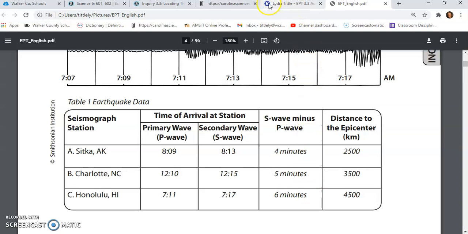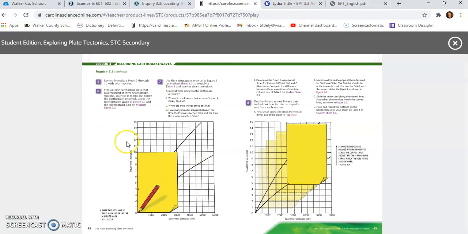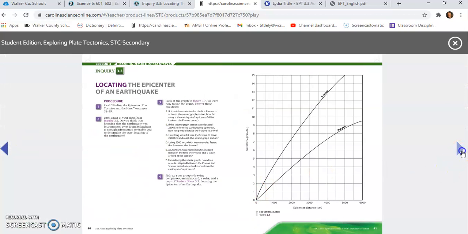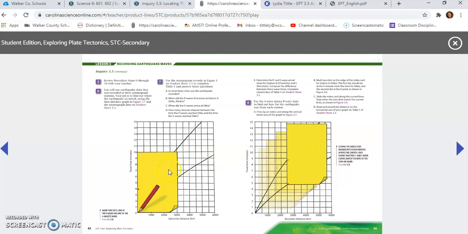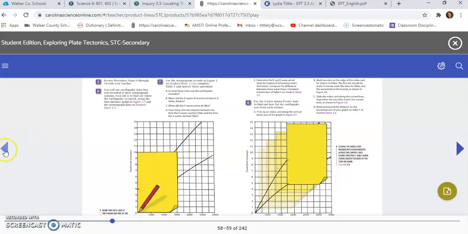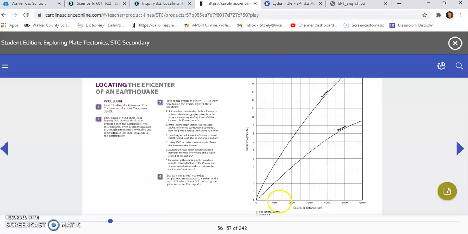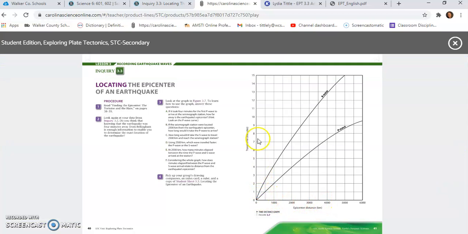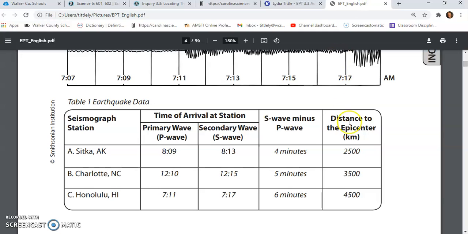So in class, we would go back to our data table using the same method that we learned using our note card here. We would go back to our data table and we would find how far away. So the one that is 4 minutes away, we would see that it is about 2,500 kilometers away.